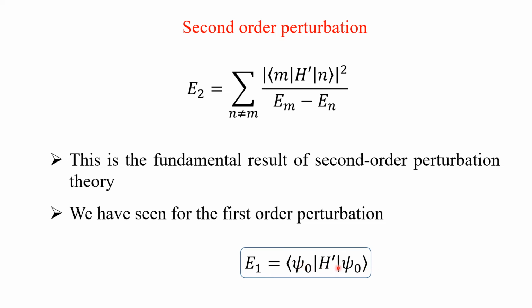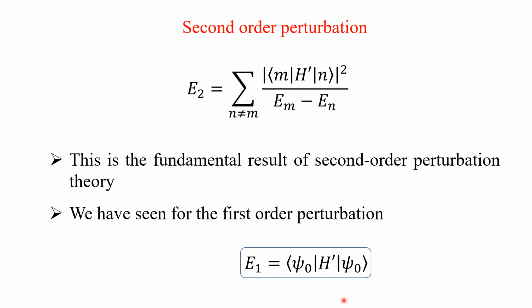So this is naturally the expectation value of the perturbed Hamiltonian under the unperturbed energy state. You can see this is a very simple expression, simply an expectation value. But here it is a little bit complicated. Second order perturbation is complicated compared to the first order perturbation.